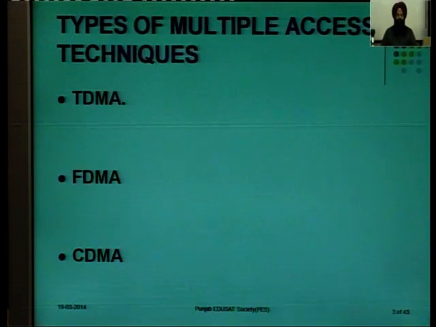Then the third one is CDMA, that is code division multiple access. Here full time and full frequency is used by each channel, and each channel is allotted a particular code, and the communication is done in this manner.